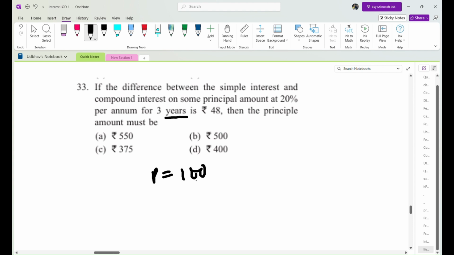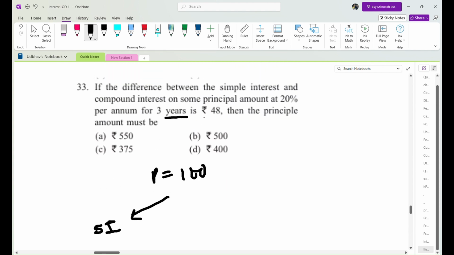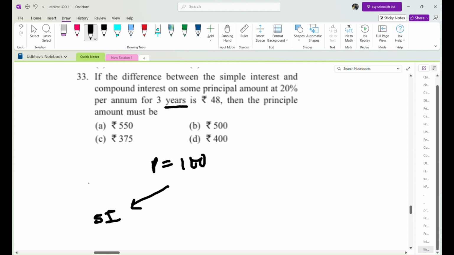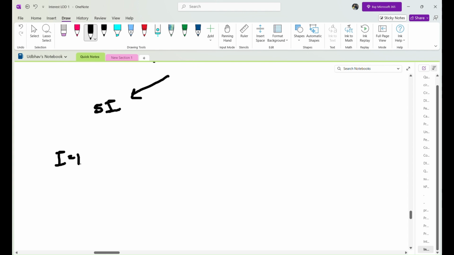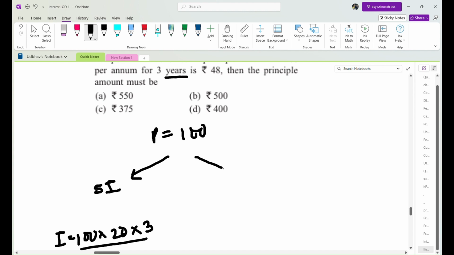So if the principal is 100, then for simple interest of 3 years at 20%, what will be the simple interest? 100 into 20% into 3 years upon 100, 60 rupees.